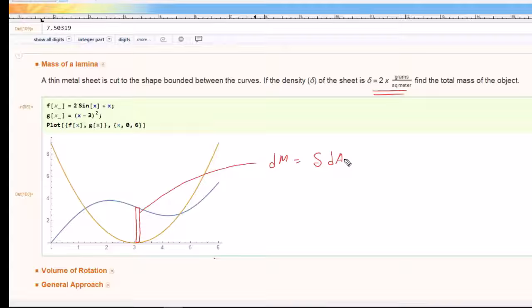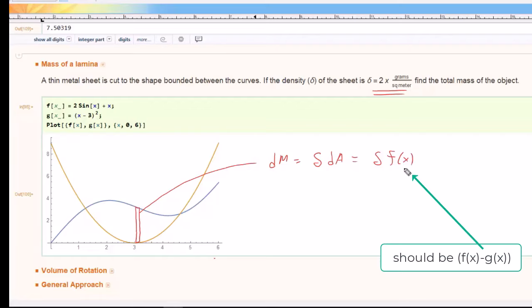But in the previous problem, I've already seen that the area of that thin slice is just the height of the function at that point times the thickness. And so now I've set up a formula for the mass in one little slice of area. Now to find the total mass, all I do is add up all my slices continuously. And that's the general process.